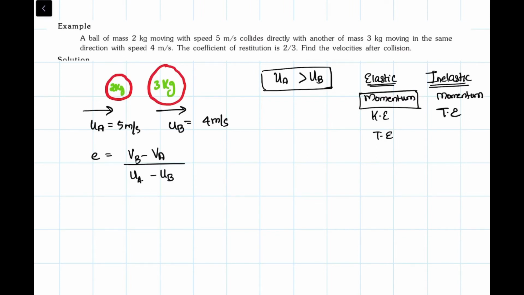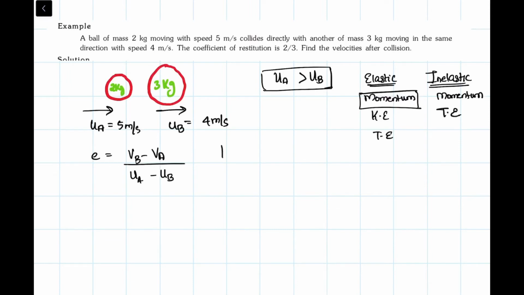Now there are two cases: perfectly elastic collision and perfectly inelastic collision. What will happen in a perfectly elastic collision? This e value will become 1. That is a speciality of the coefficient of restitution term.